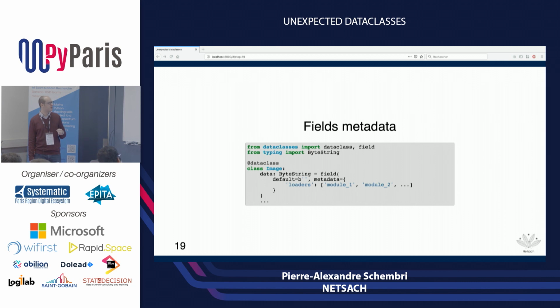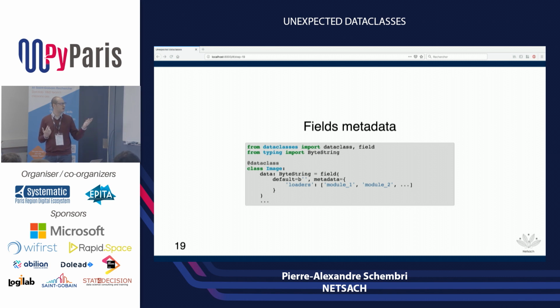And we can also imagine some more complex use case and say, okay, we have an image, and this image will be stored as a byte string inside our object. And we say, okay, but at some point, we may want to load data from specific loaders or some dynamic information.